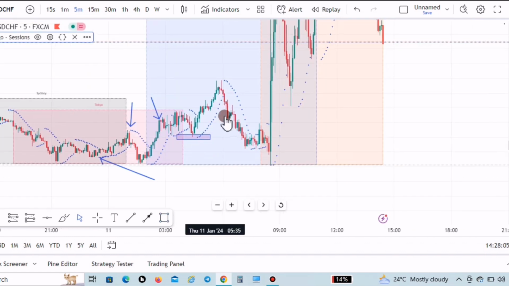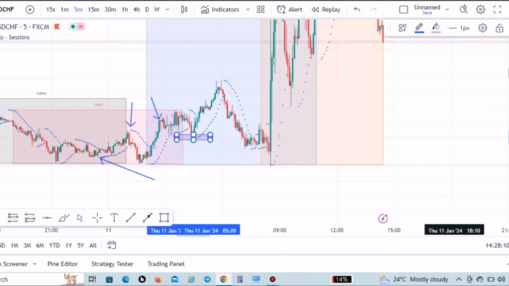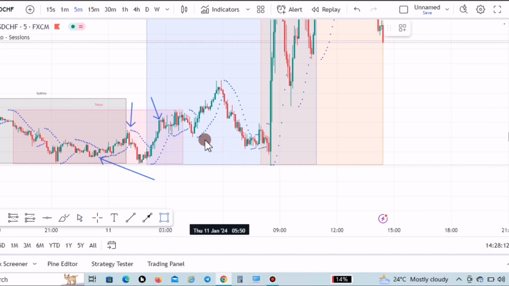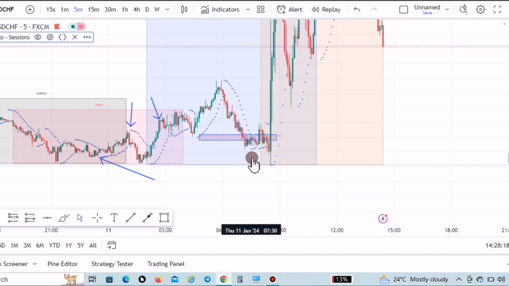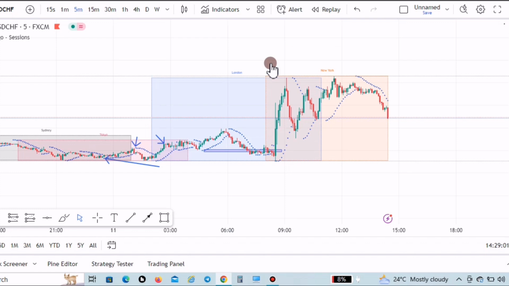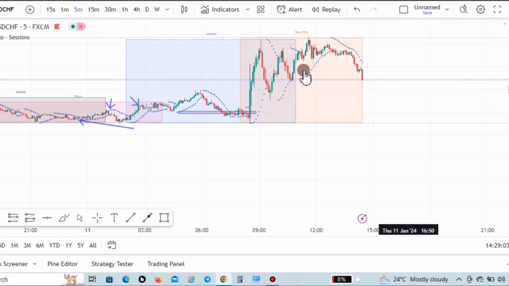It didn't close below it, and then it gave you that one. For this one, it did close below it, but it was not respected because of the news. So always be careful of the news.